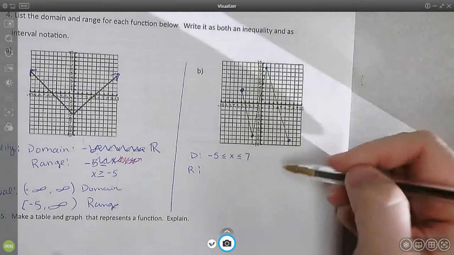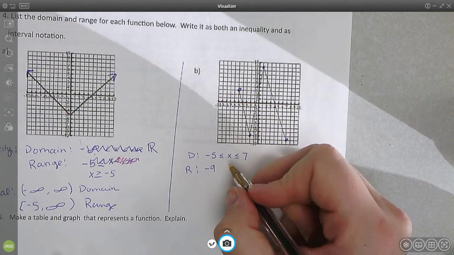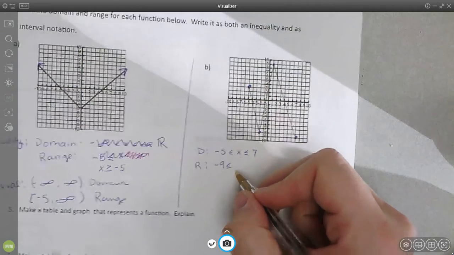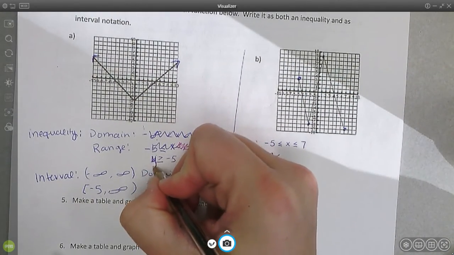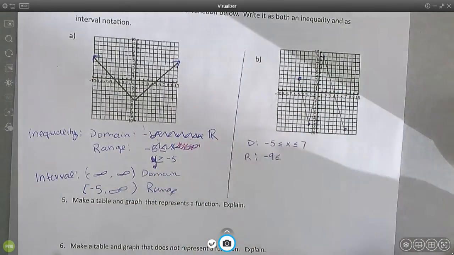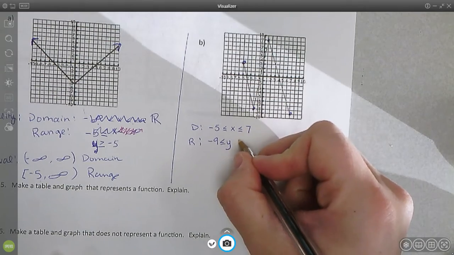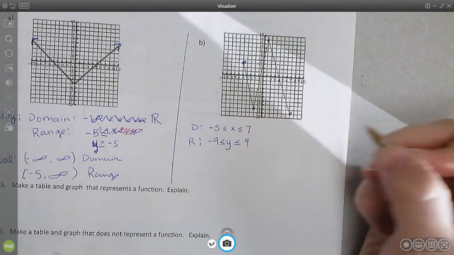Our range, our smallest y value is -9, less than or equal to. Oh, and then I actually made a mistake over here. Range, remember it's y, not x. Sorry, so this should be a y. And then over here, you have y for your range, less than or equal to, and then our highest y value is a +9.